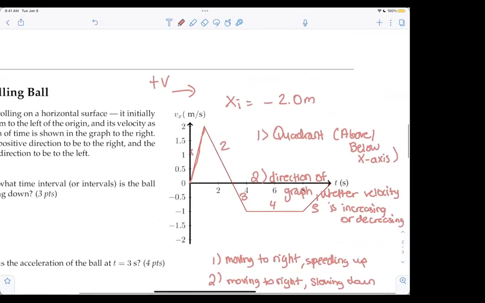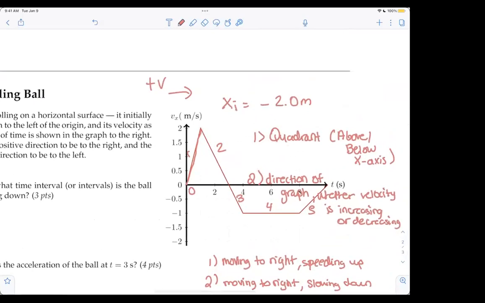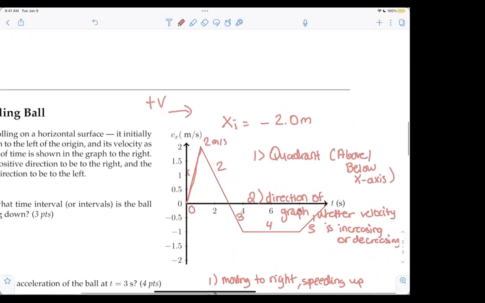Because if you think about it, you have 0 meters per second here as your initial velocity, and 2 meters per second as your final velocity. So if I did rise over run, y2 minus y1 over x2 minus x1, I have vf minus vi, that's my y2 minus y1 for the slope, and then over x2 minus x1, which here is time.